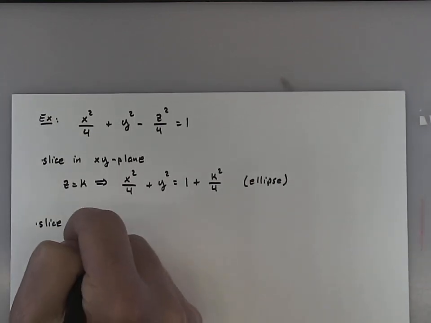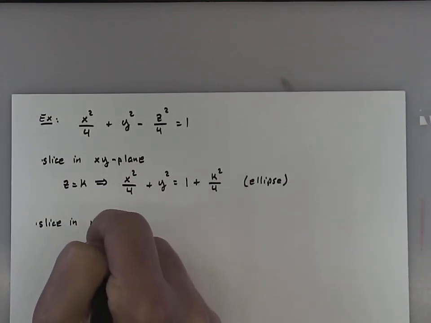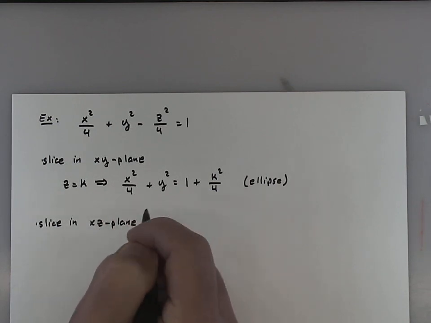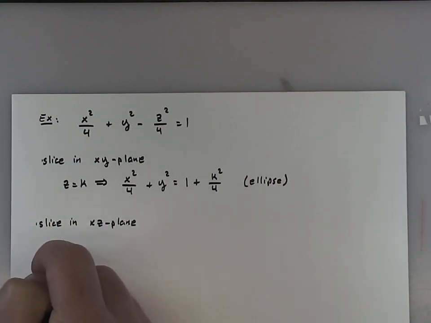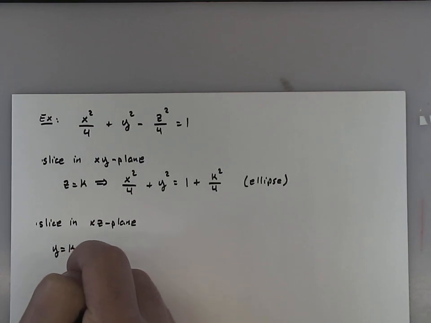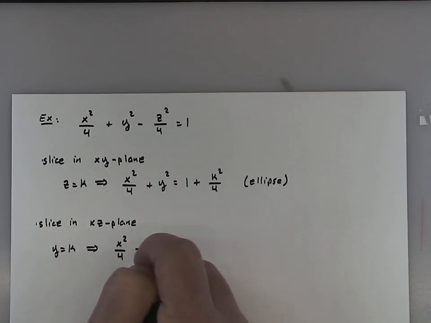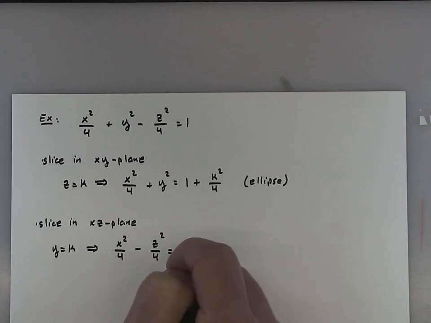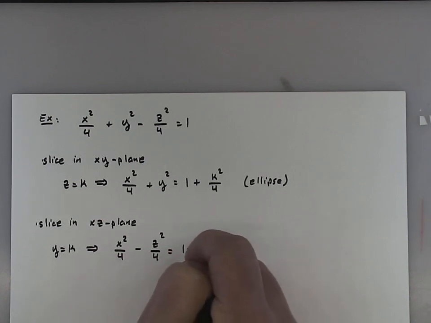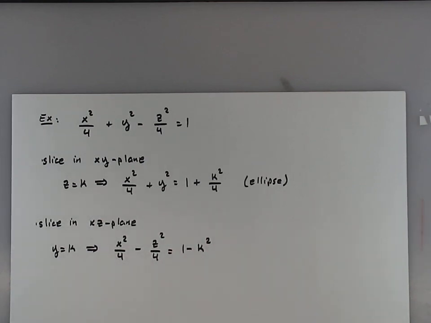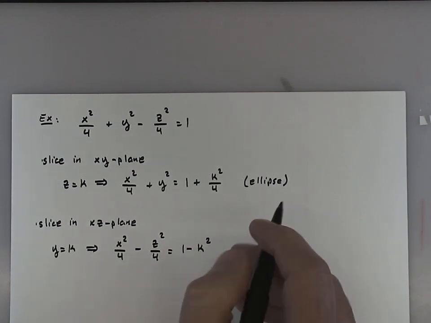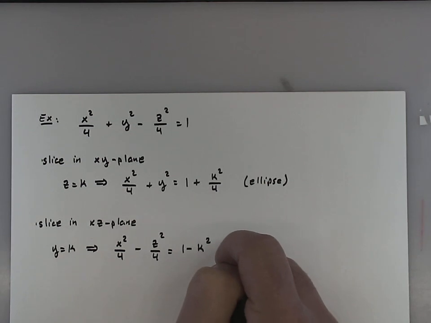A slice in the xz plane, which means y is a constant, would be x squared over 4 minus z squared over 4 equals 1 minus k squared. Since one term is positive, one term is negative, this is a hyperbola.